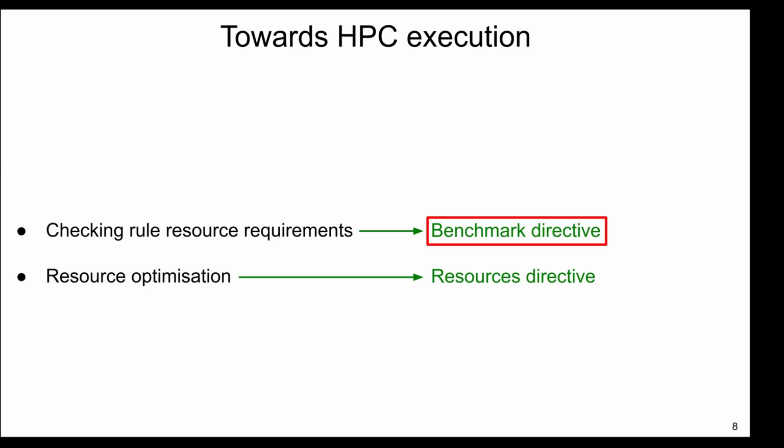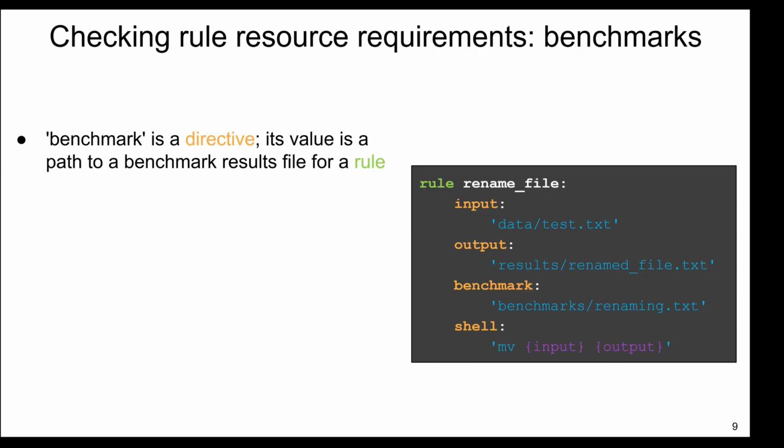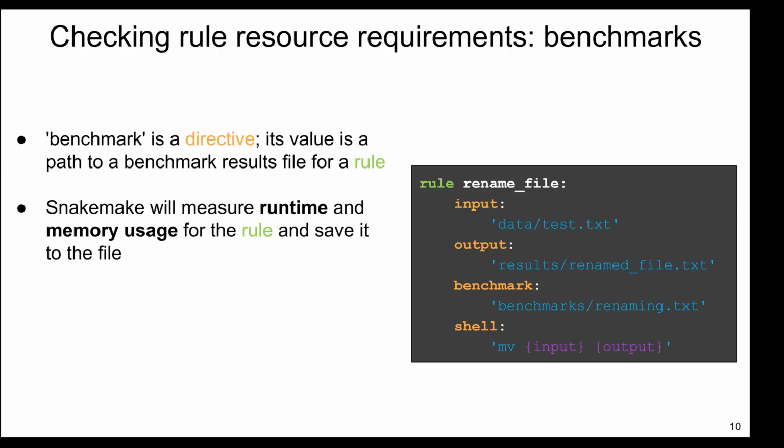So we'll start with the benchmark directive. It's once again a new directive, and we'll see another one after that, but it's quite similar to log. It takes a file path as value, and Snakemake will measure the runtime and the memory usage of the rule and save it to the file.